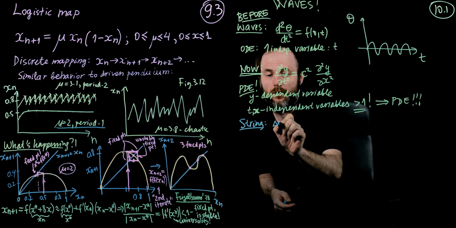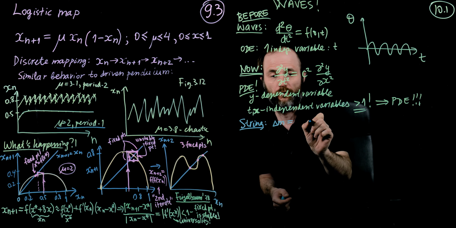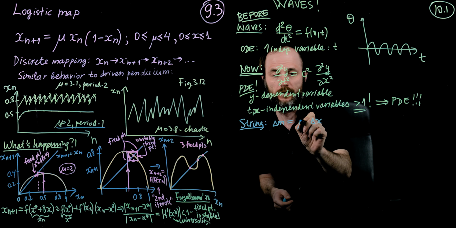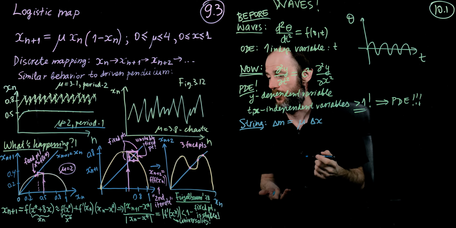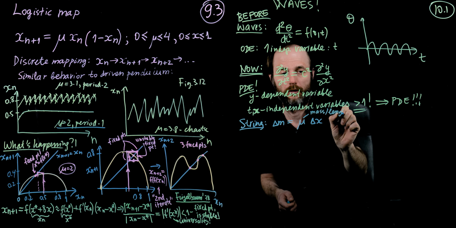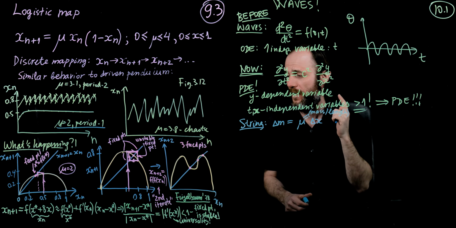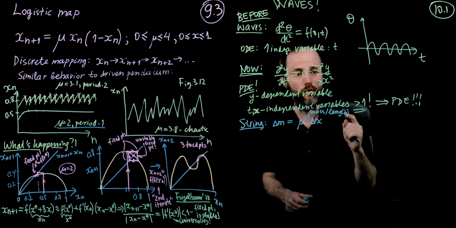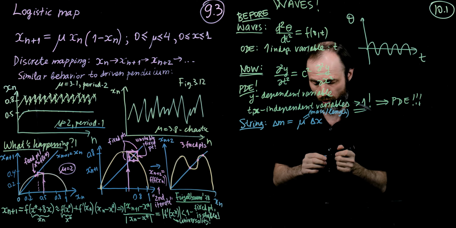And so delta m of a piece of string of length delta x will weigh mu times delta x, where mu is mass per length. So now let us write down the equation of motion for a little piece of a string.